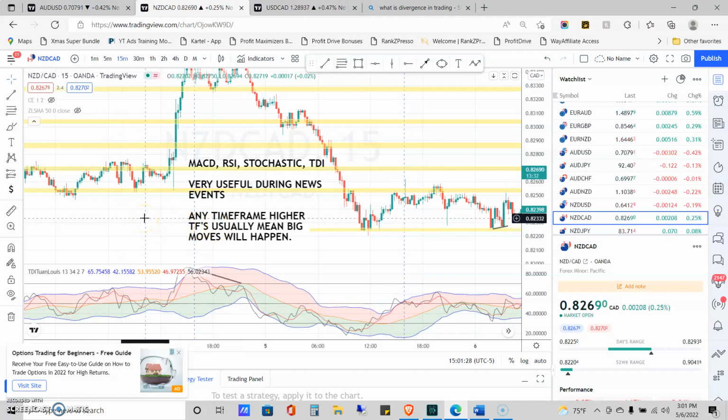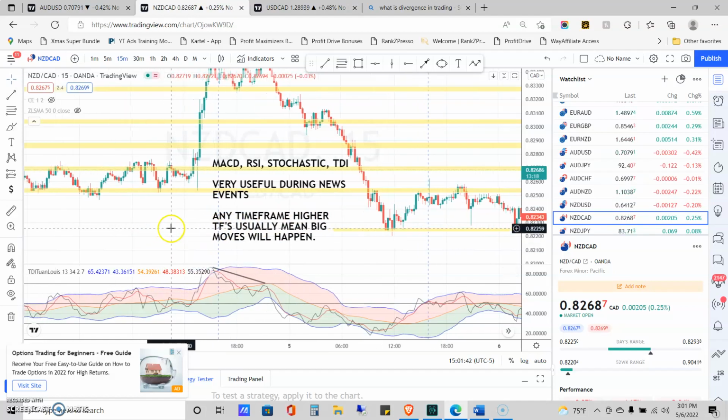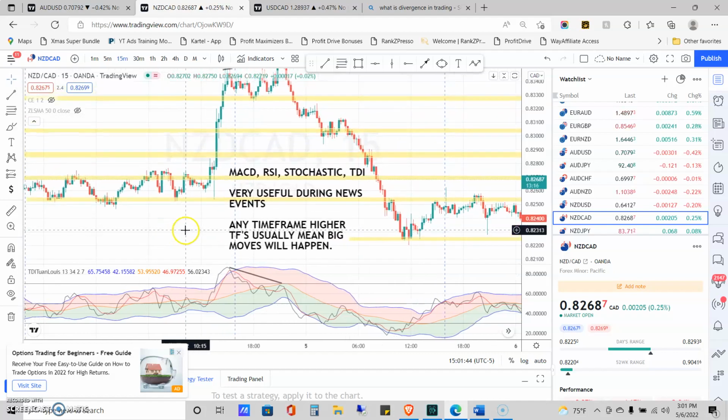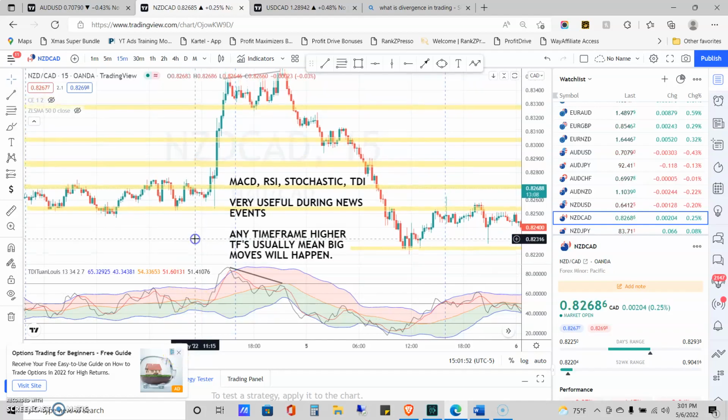I've tried other ones, but this is by far my favorite. So this strategy works during news events and on any time frame, but the higher time frames usually mean big moves are going to happen. I trade on the 5 minute, 15 minutes, sometimes the 1 hour. I'm just a 25-pip in-and-outer. That's kind of my strategy. I don't want to be sitting at my charts all day.